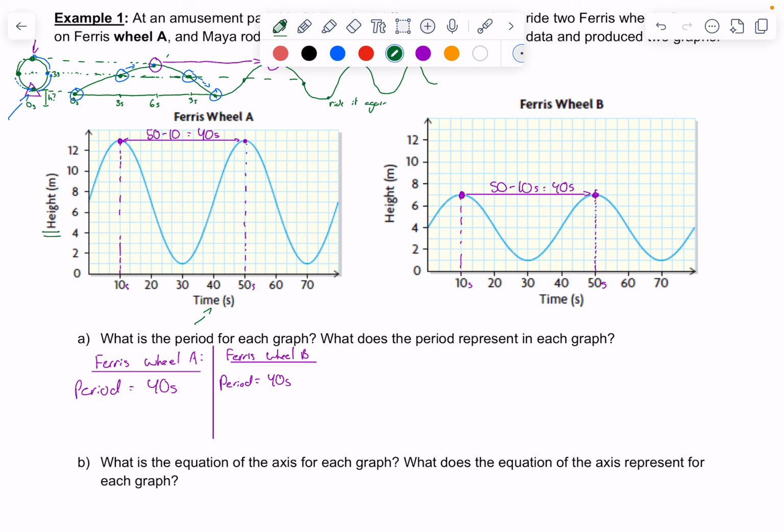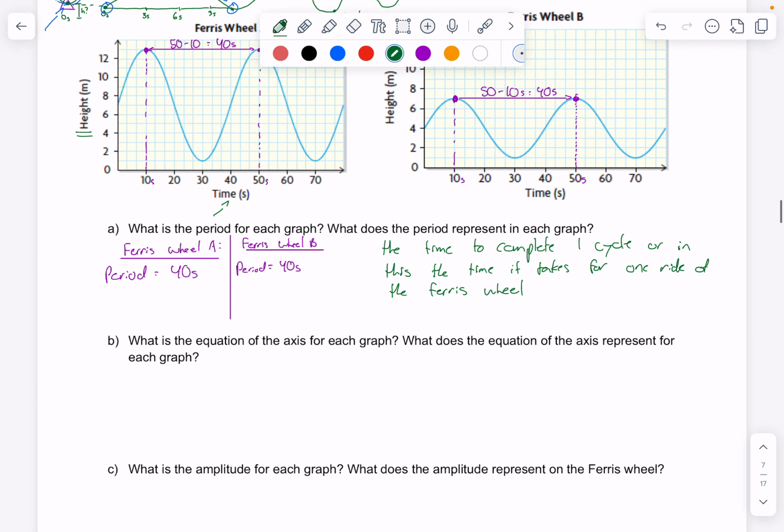What the period represents is one cycle, the time to complete one cycle, or in this case, the time it takes for one ride of the Ferris wheel, right? How long it takes you to go around from getting on to getting off. And that's one cycle.